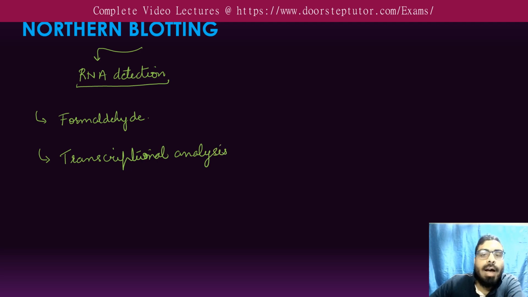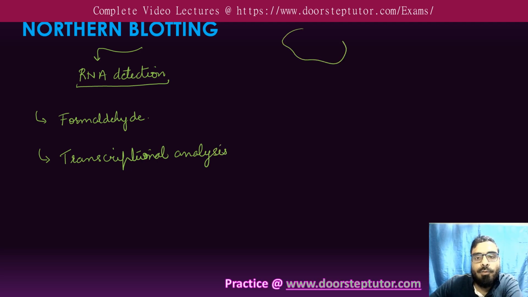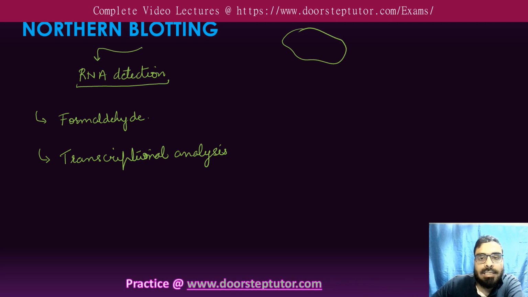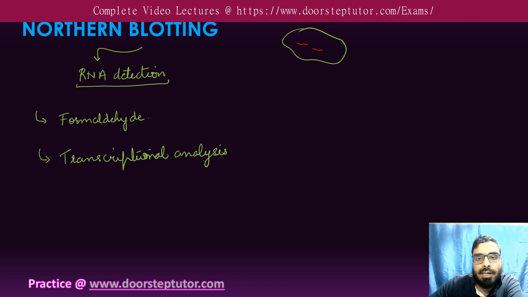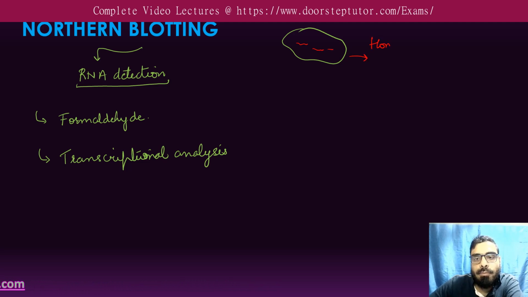Now again, if you have a cell and inside the cell you have RNA, first you have to homogenize the cell properly. Then after homogenizing you have to extract the RNA.